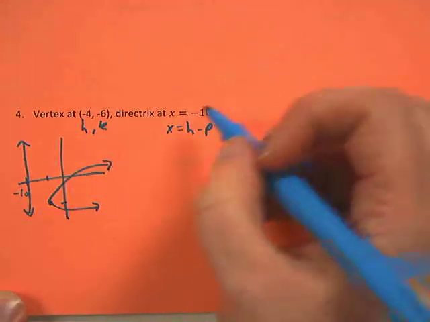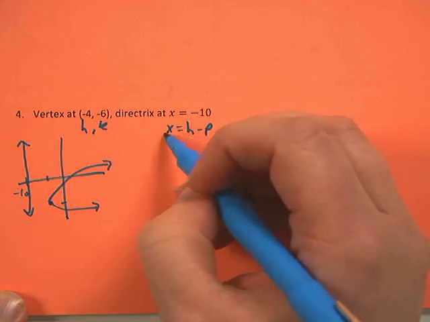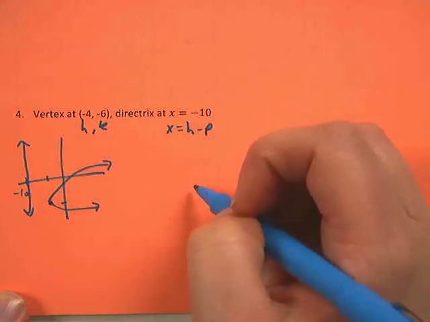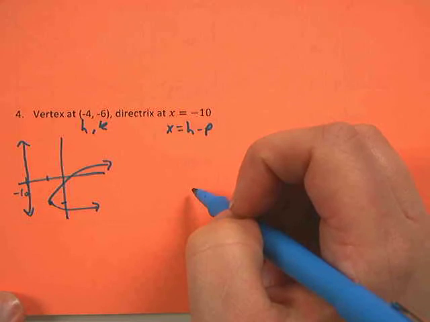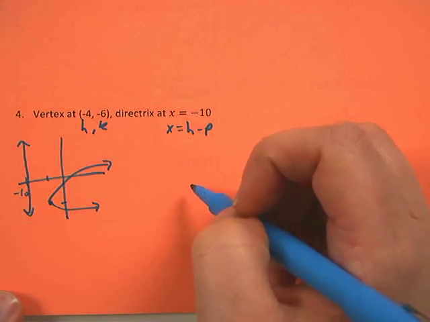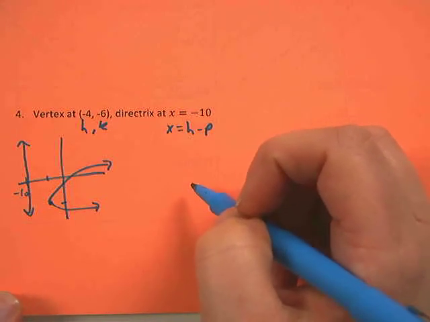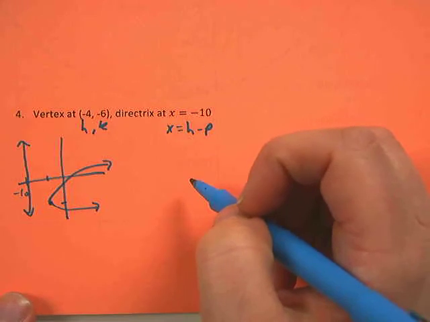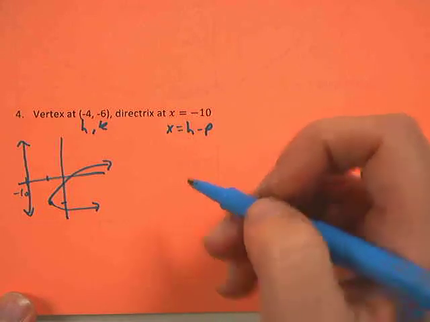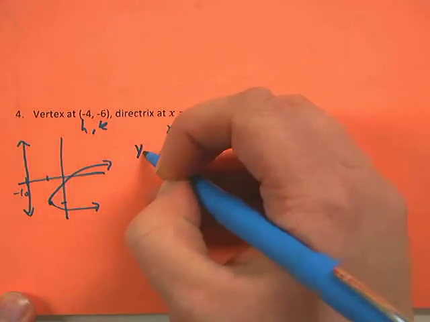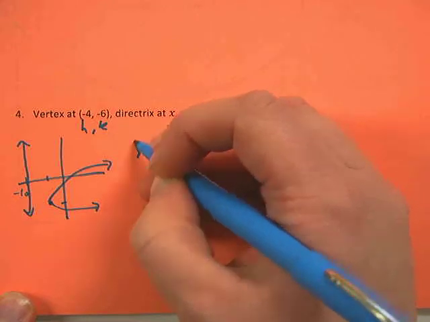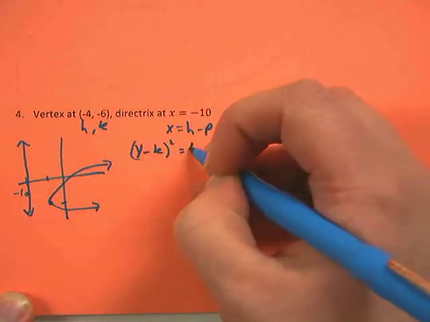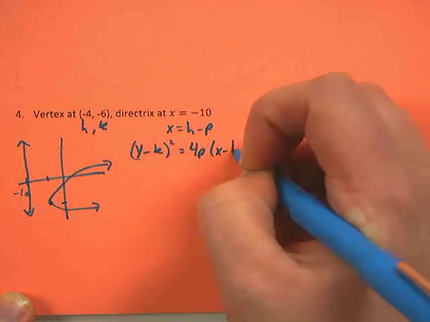Or we can look at it and go, okay, we know that our directrix is starting with x equals, so that tells us that we want to use the form of the equation where y is squared. So whichever way works for you to think about it is fine, but know that we're going to be using the equation y minus k squared equals 4p times x minus h.